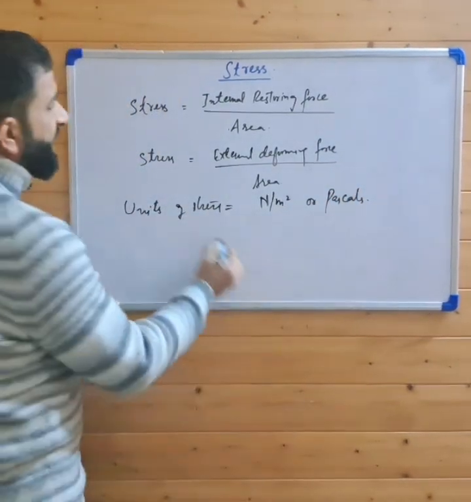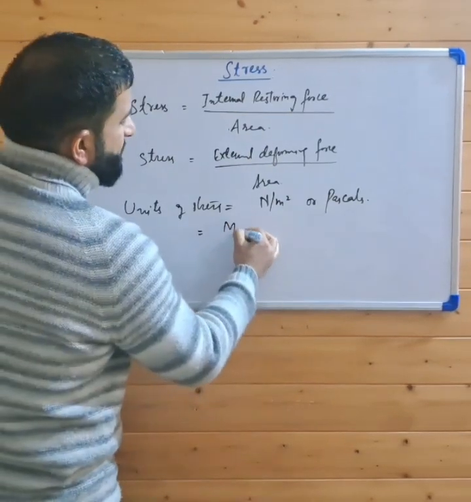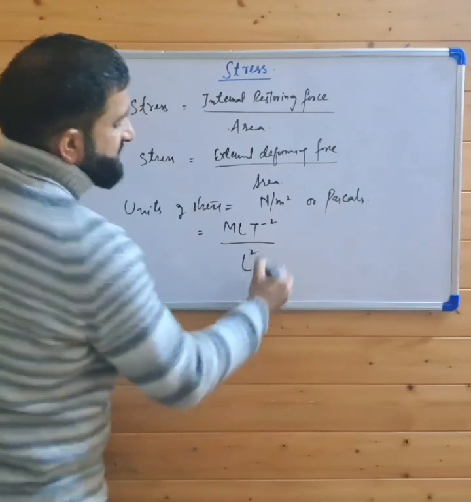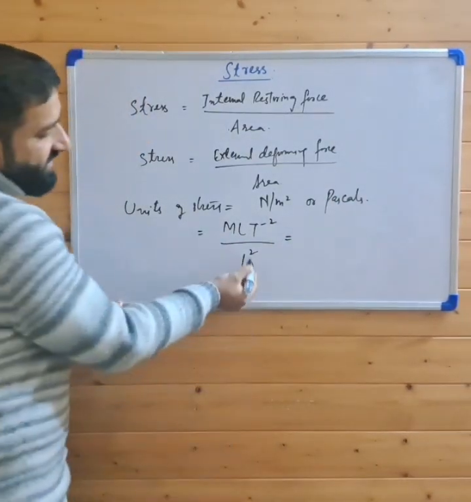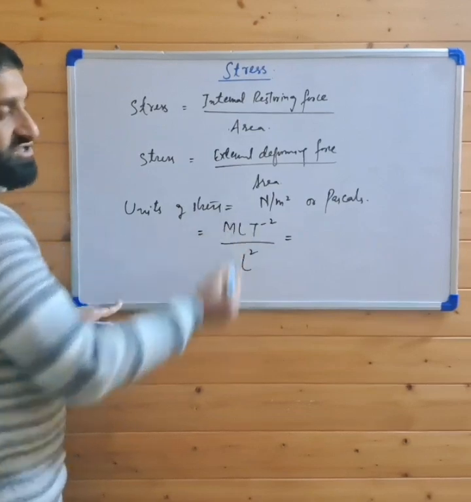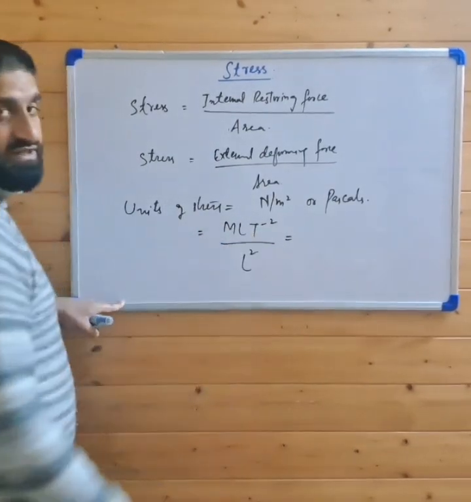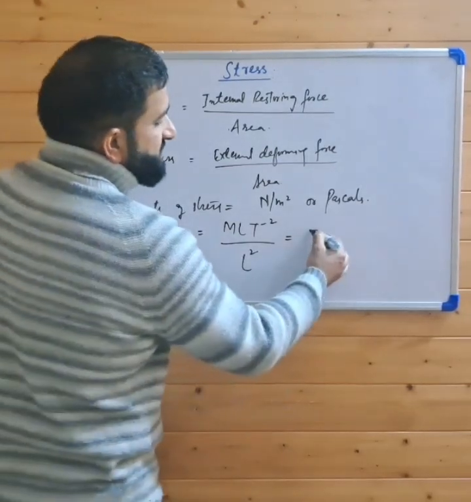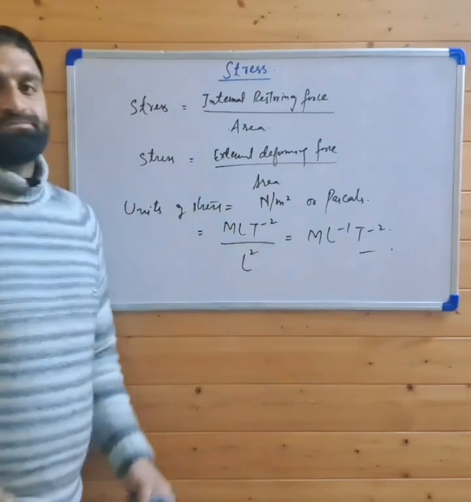Now, going to the dimensions, we know that the force has got dimensions of MLT^-2 and area has got dimensions of L^2. When this L^2 comes in the denominator, it becomes L^-2, and L minus 2 plus 1 is L^-1. So the dimensions of stress are ML^-1T^-2.